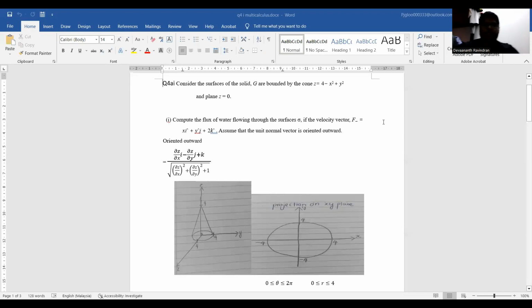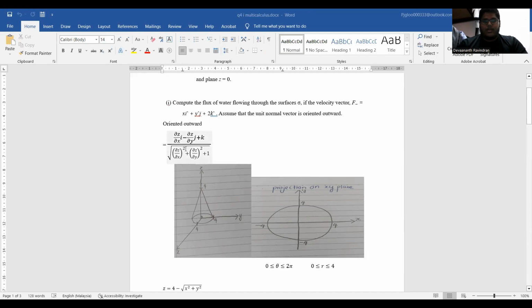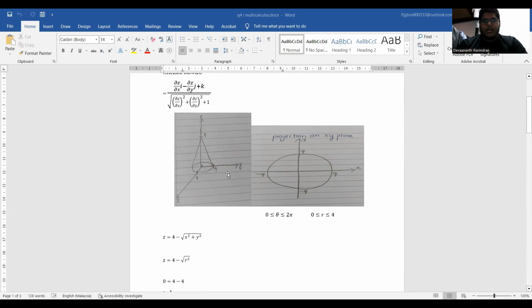Compute the flux of the water flowing through the surface S if the velocity vector F = xi + yj + 2k, and assume that the unit normal vector is oriented outward. So this is the cone that I've sketched earlier, and this is the projection onto the xy plane.